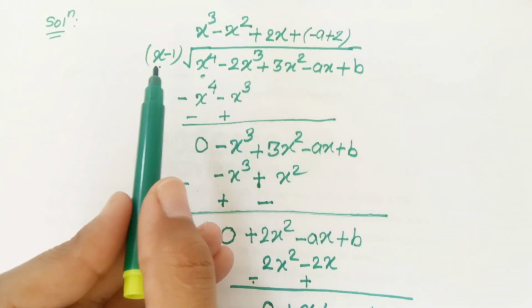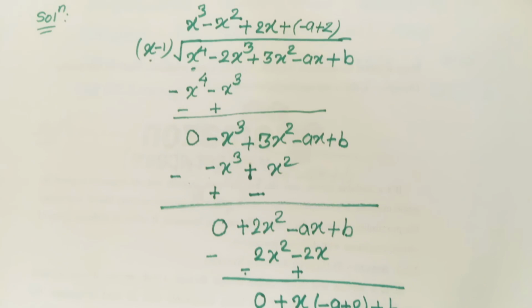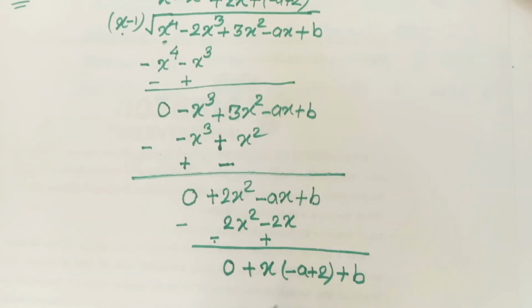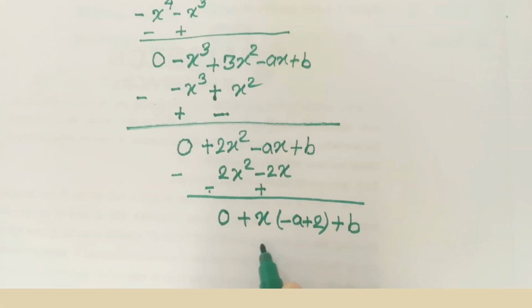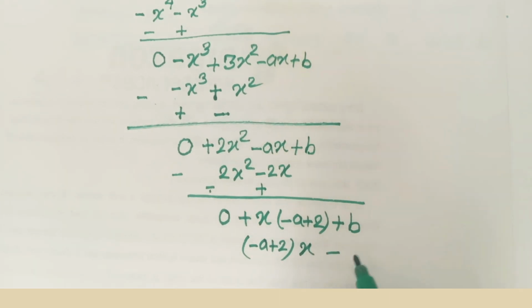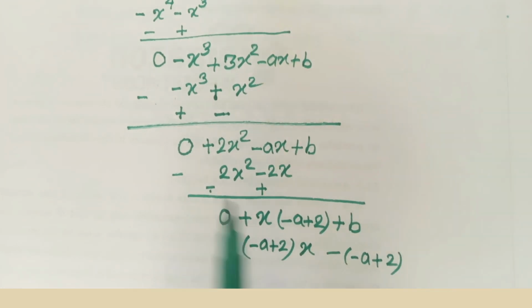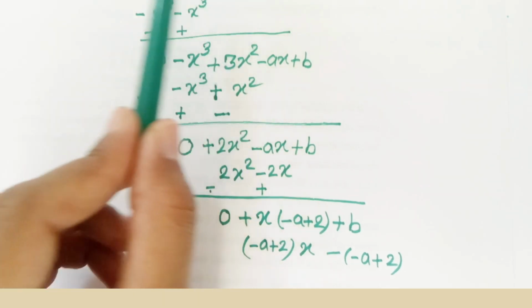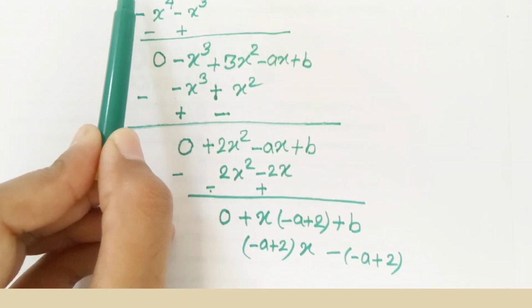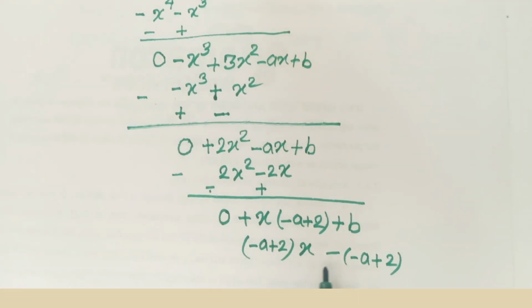If you multiply this minus a plus 2 by x minus 1, then we get this type of term.